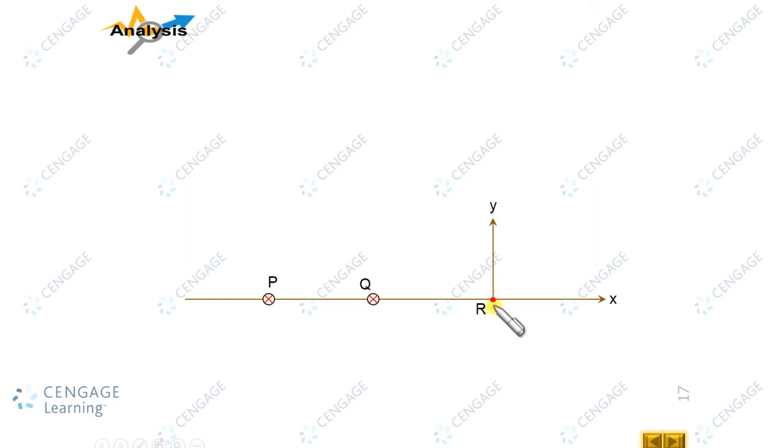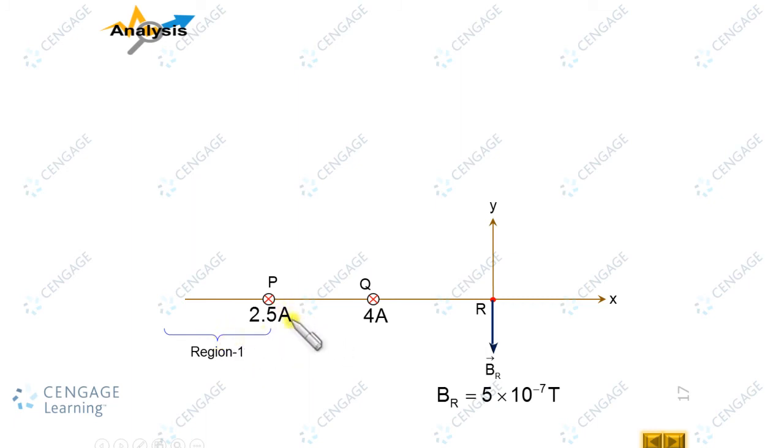At position R we know the magnetic field because of these two wires is in the downward direction. Okay, so let us write the currents. This is the resultant magnetic field which we have calculated, that is equal to 5 into 10 to the power minus 7 Tesla. Let us consider if we place the wire in this region. Say this region is region 1, and let us call this region region 2.